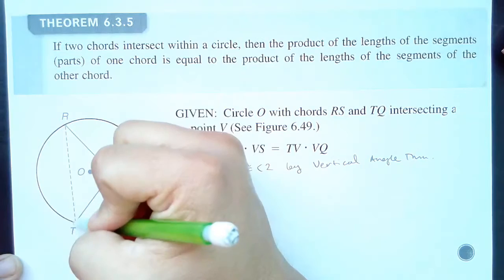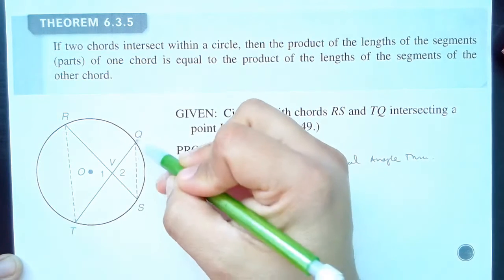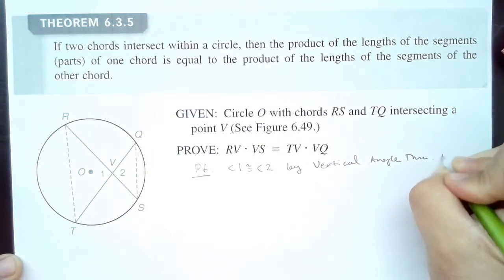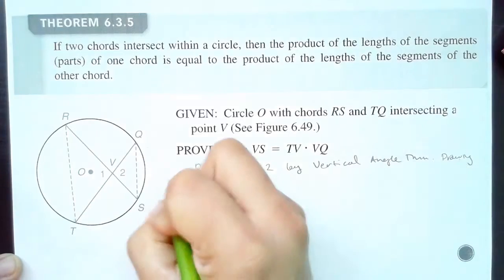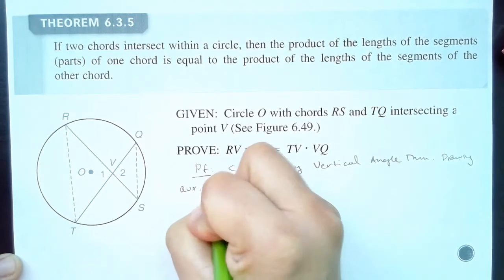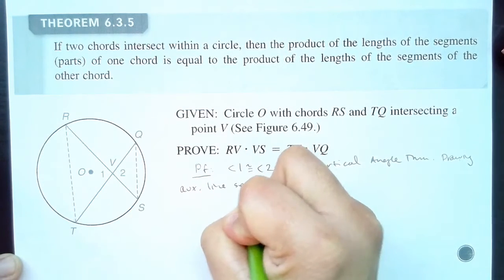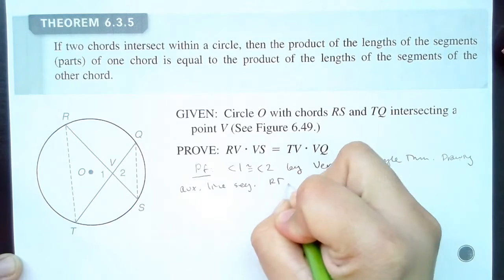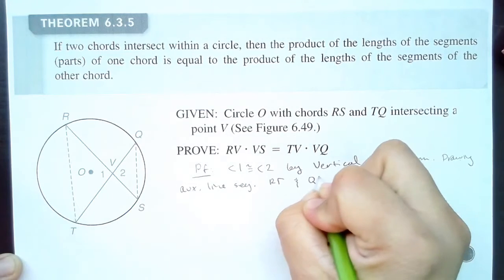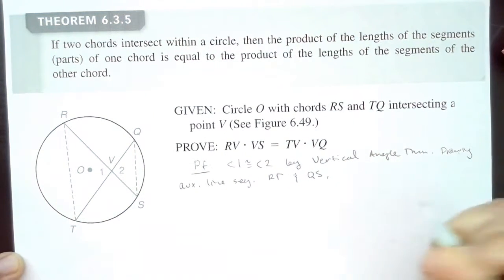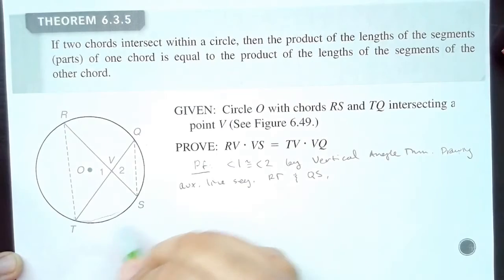So also, let's draw auxiliary lines RT and QS. So drawing auxiliary line segments RT and QS, we have that. See here, they intersect.